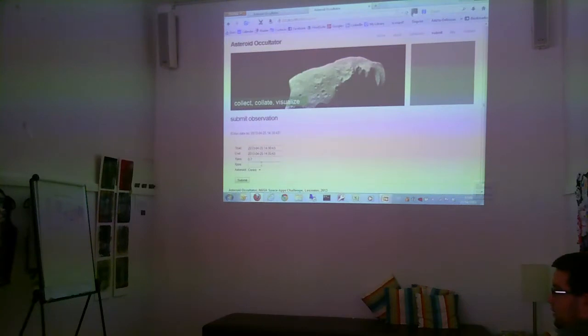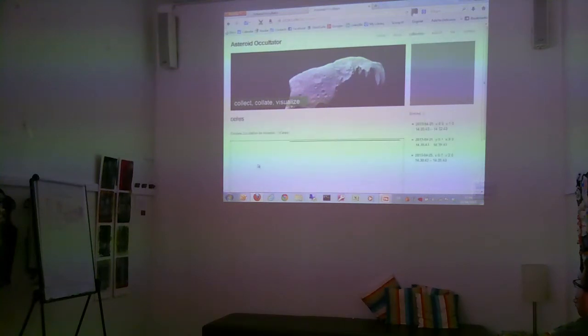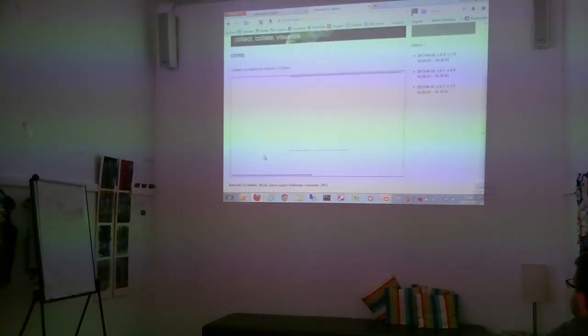These will be the latitude and longitude of the observer, so you know where they were. And once you submit it, it adds that line straight away to the graph.